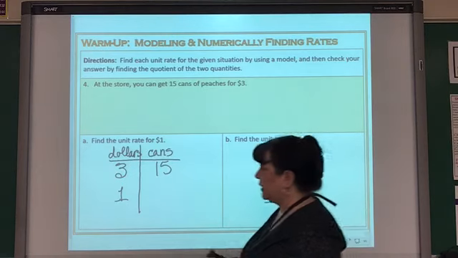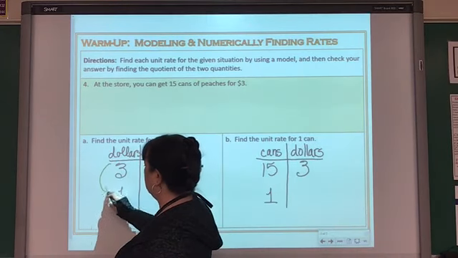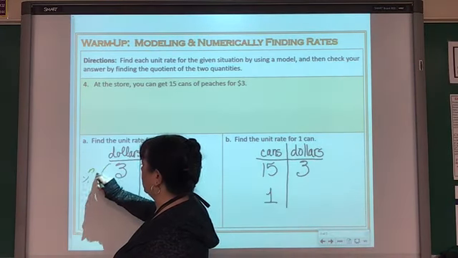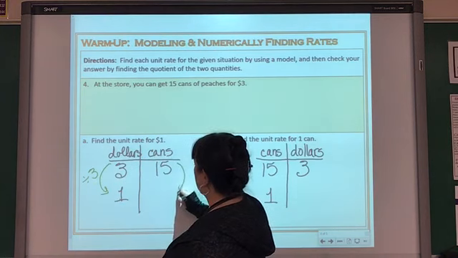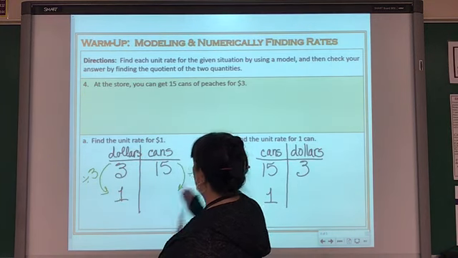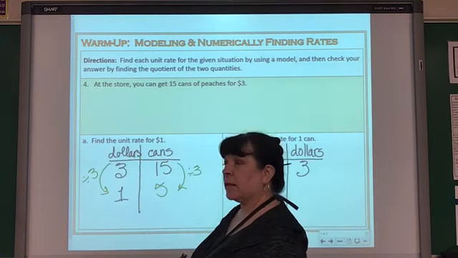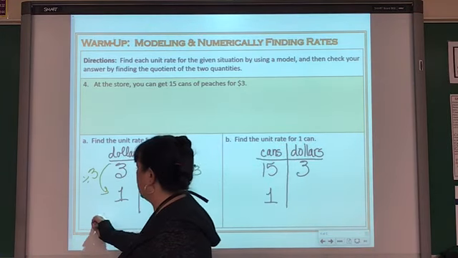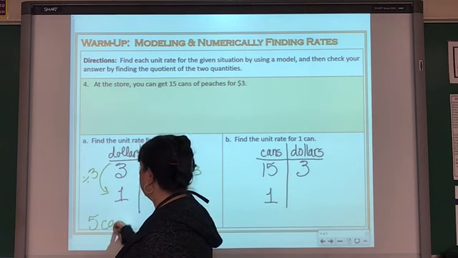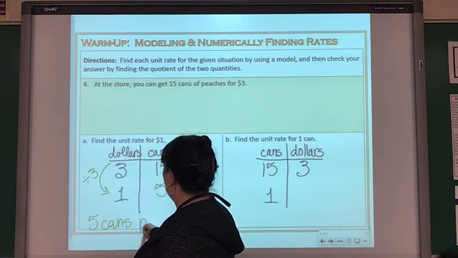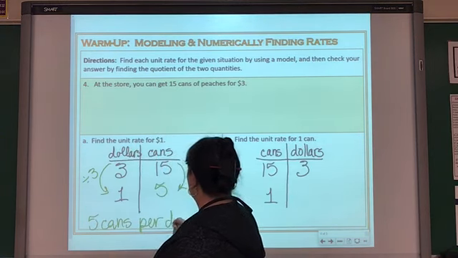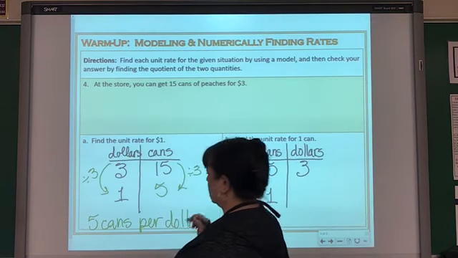To change 3 into 1, I simply divide by 3. So that means I'm going to divide by 3 here, and I will get 5. So this unit rate will be 5 cans per $1.